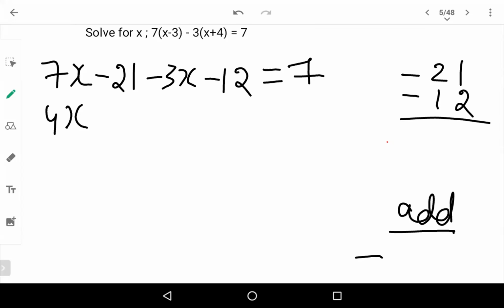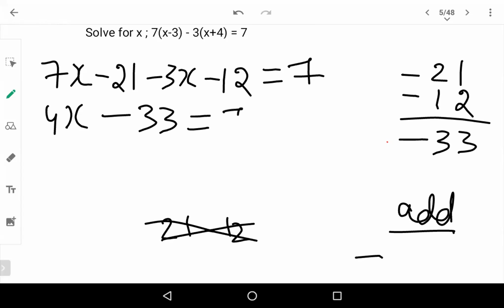So we have to add the numbers, 2 plus 1, 3, but we are supposed to keep the minus sign as it is. Understood this? So these are the small things you have to remember. You cannot go 21 minus 12. This is not the right thing. So you have to add the numbers but keep the sign of minus as it is. So 4x minus 33 is equal to 7.